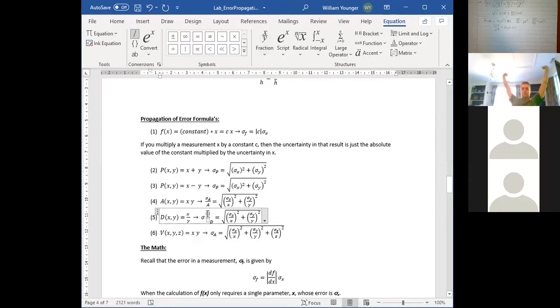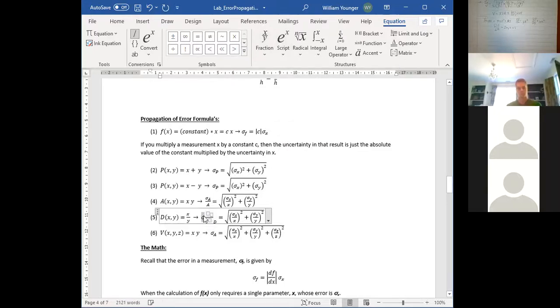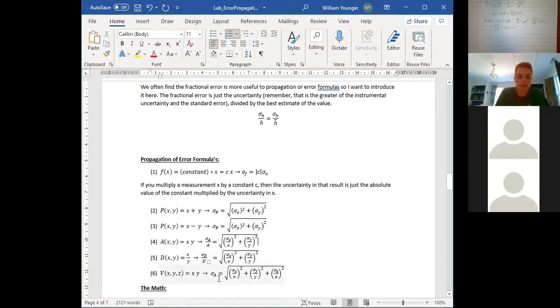Script. Okay, so that's good enough anyways. So that's sigma d over d, and obviously this should be sigma v over v, but I'll leave that.